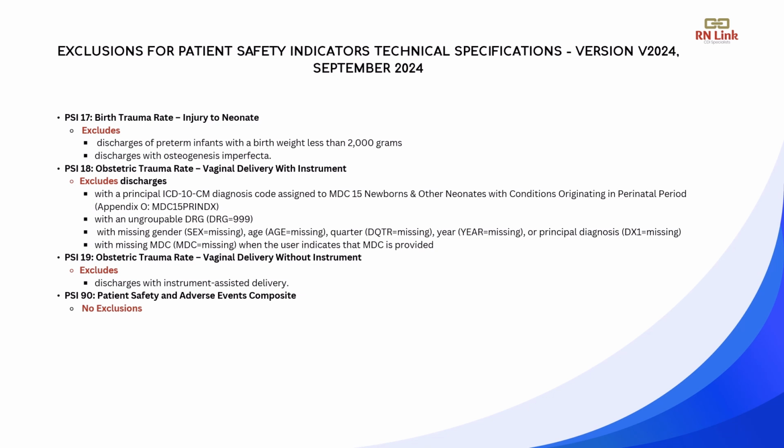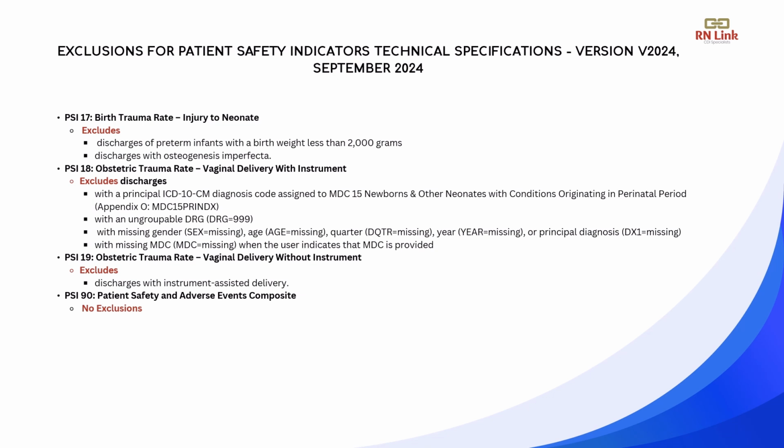With an ungroupable DRG, DRG 999. With missing gender, sex equals missing, age equals missing, quarter, DQTR equals missing, year equals missing, or principal diagnosis, DX1 equals missing. With missing MDC, MDC equals missing, when the user indicates that MDC is provided.